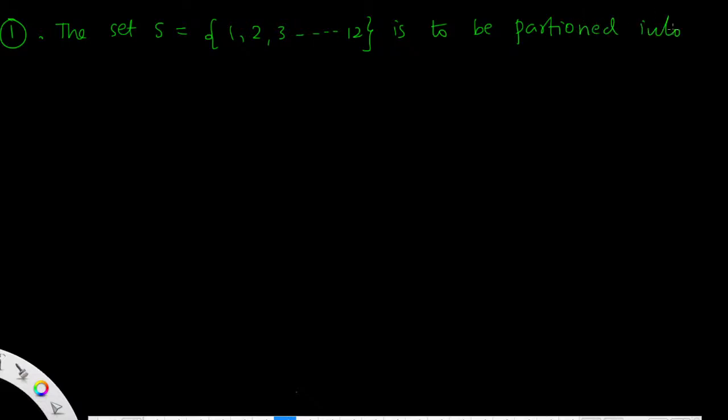The set S equal to 1, 2, 3, and so on up to 12 is to be partitioned into three sets A, B, C of equal size.